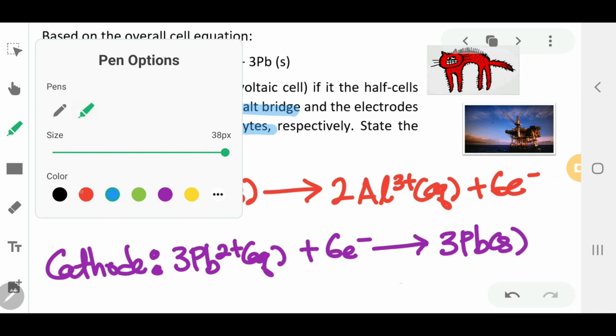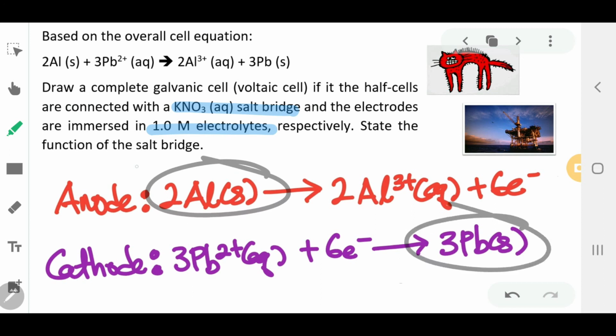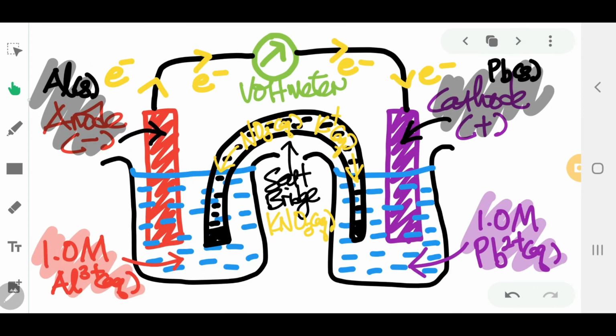So the electrodes that we need to have: you have aluminium solid and lead solid. That is the electrode, and that is the electrode as well, because you have solid and solid. So you have the electrode, aluminium solid, at the anode, and you have the lead solid at the cathode.